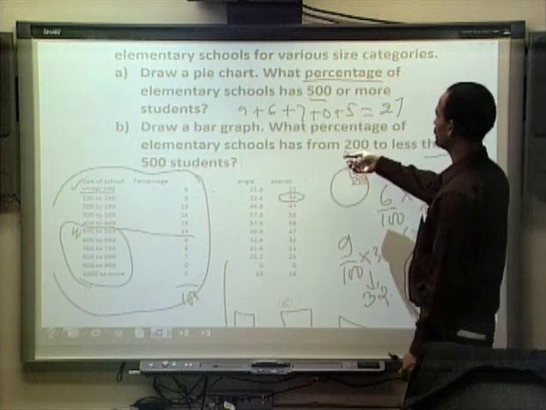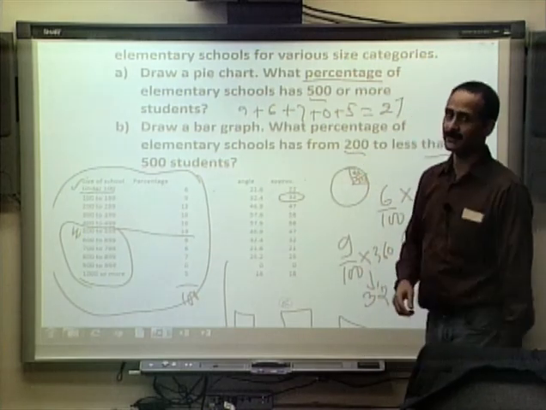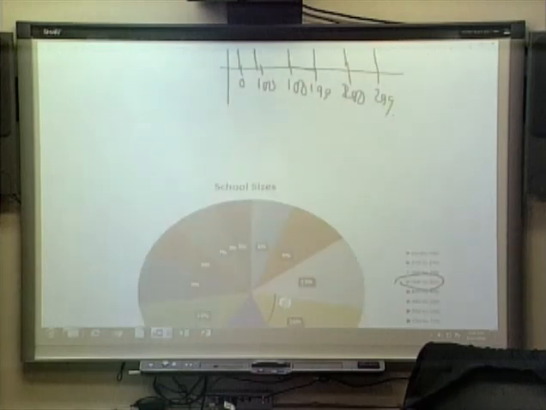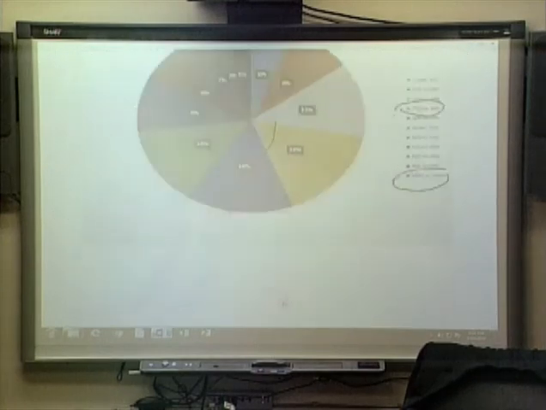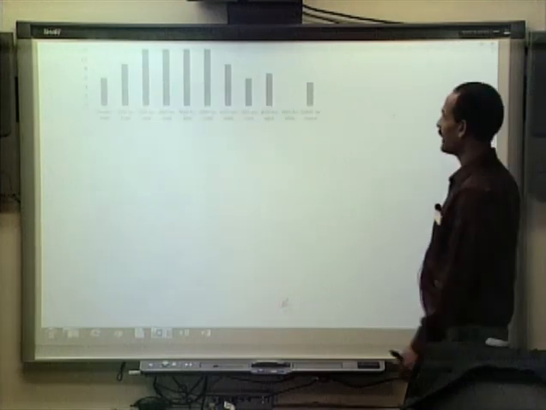And another question is, what percent of the elementary schools have from 200 to less than 500 students? In order to answer that question, we want 200 to less than 500. So it should be more than 200, less than 500. Let's look at the bar graph.